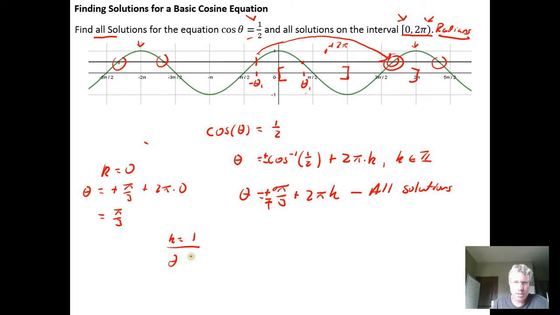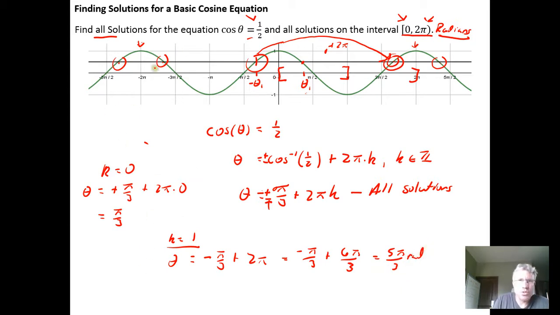It's going to be theta equals negative pi over 3, grabbing this solution here, and then adding 2 pi to it. And then we can find a common denominator. So it's going to be negative pi over 3 plus 6 pi over 3, which is still 2 pi, and that's going to give us 5 pi over 3 radians.